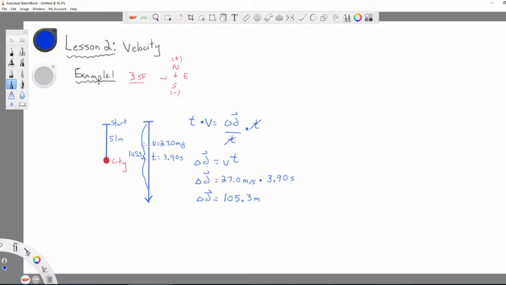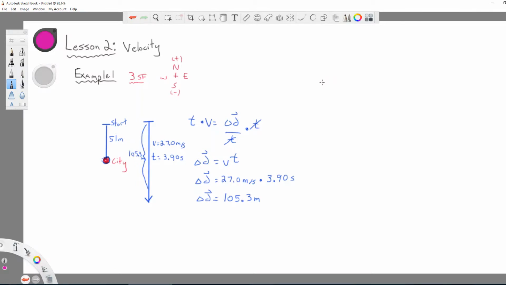It's probably asking for our final location in reference to the city. So if we know that this thing is starting 51 meters north of the city, and we traveled 105 meters south, we should be able to figure out how far we're going here. Let's do this in magenta.